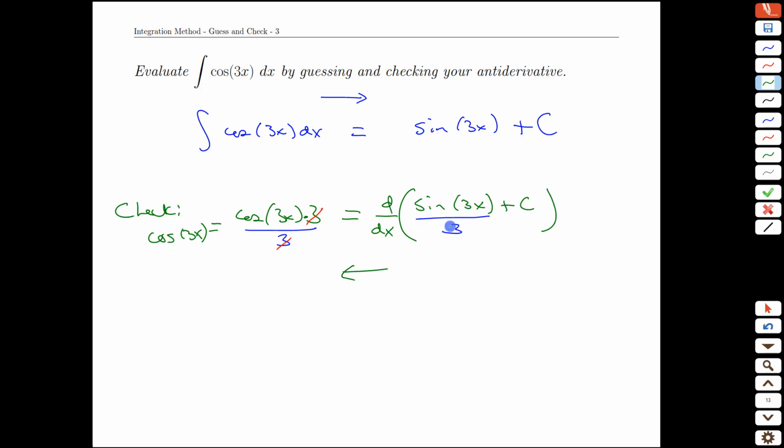And so we just translate that up here, recognizing I would need to have 1/3 sine of 3x plus c as my integral function, as my antiderivative function. And the check is, if we take that and run it through our well-understood derivative formula calculations, we get back to cos 3x, and it's that cycle. The integral of cos 3x is this, because the derivative of this is cos of 3x.